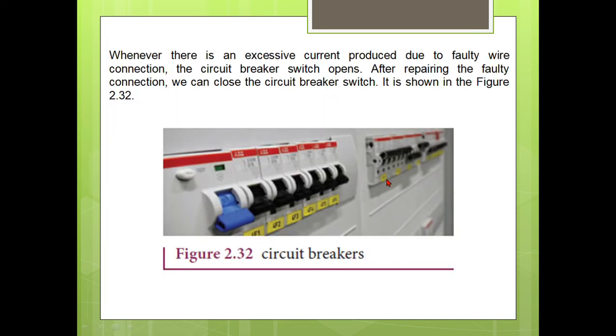Whenever excessive current is produced due to a fault in the connection, the circuit breaker switch opens. After repairing the faulty connection, we can close the circuit breaker switch. This is the circuit breaker switch.